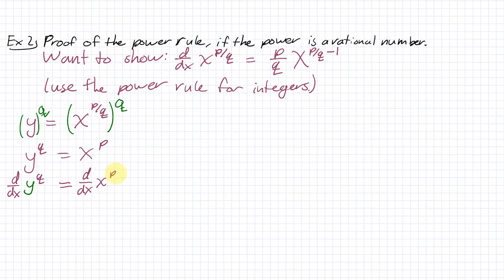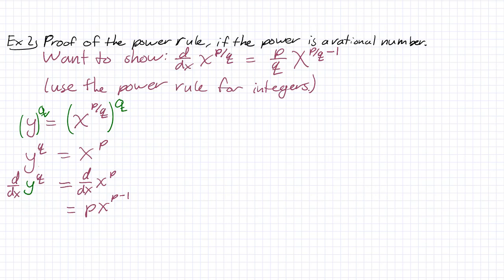And on this side, you can just use the regular power rule, which we kind of have to assume works for integers. So this is going to become p times x to the power p minus 1. And then on this side, this is the derivative. The outer function here is just y to a power.